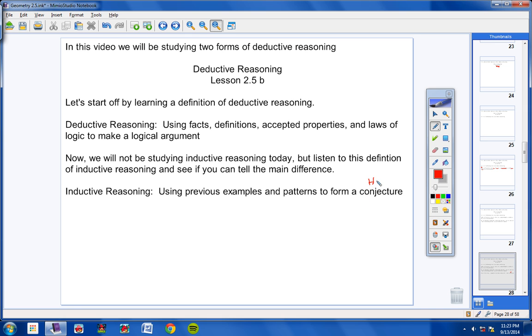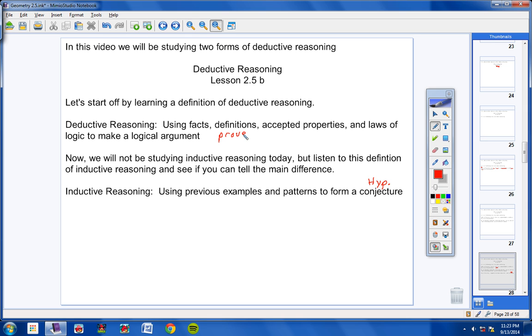And a conjecture, like we've talked about before, is something very similar to a hypothesis. Deductive reasoning is really coming to a decision and making a logical argument. So deductive reasoning is you're using facts, not examples, and you're using definitions and properties and laws, not patterns. And you're doing this to make a logical argument, or in other words, an argument that you can pretty much prove.